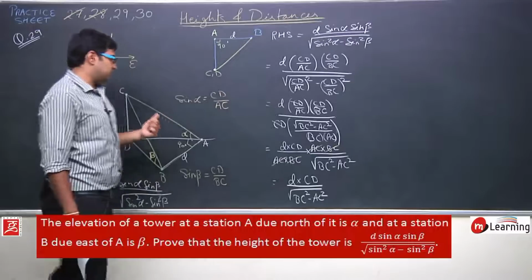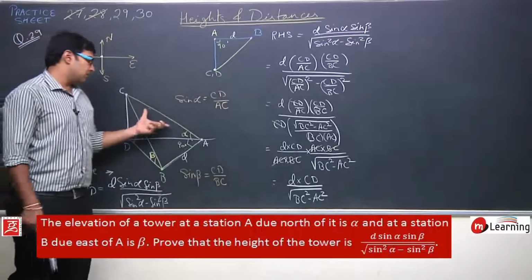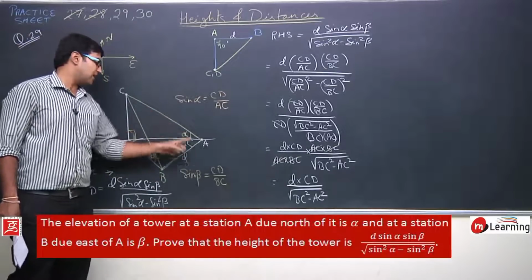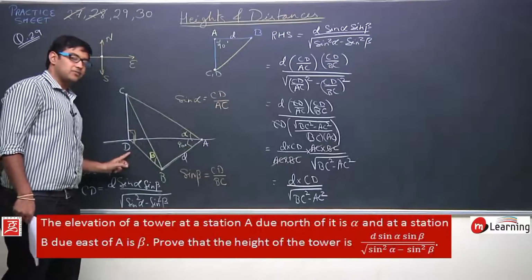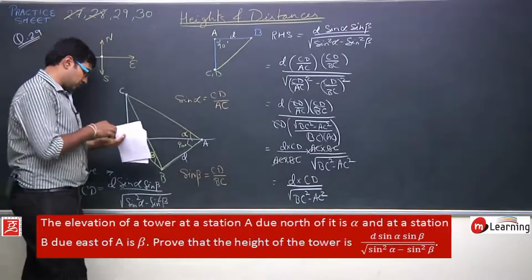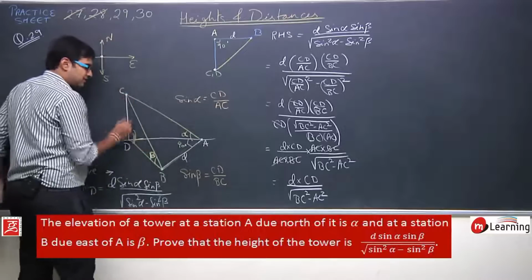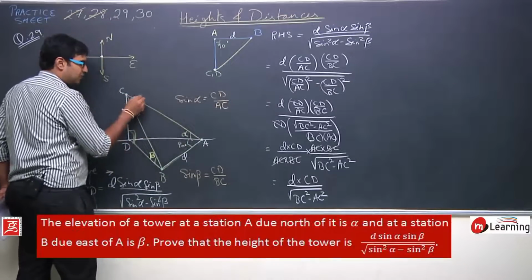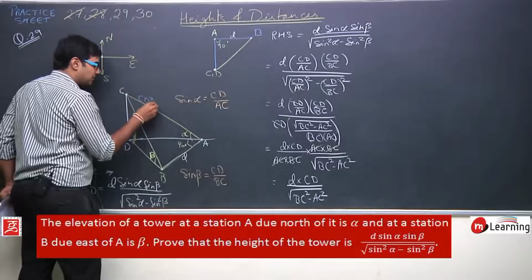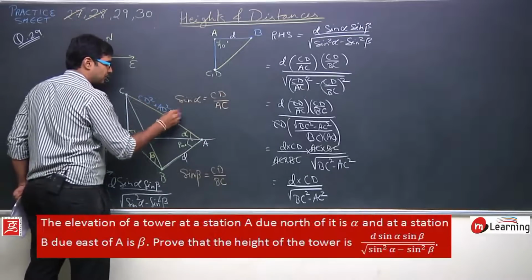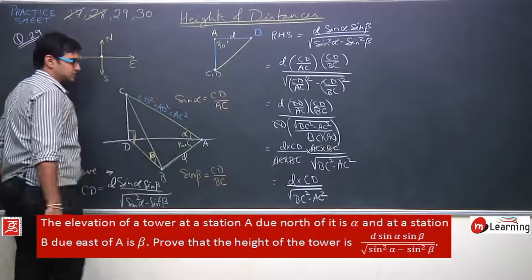So if I observe this diagram, what is AC? AC is the hypotenuse of triangle ACD. So AC square is definitely equal to CD square plus AD square. This is what AC square is.